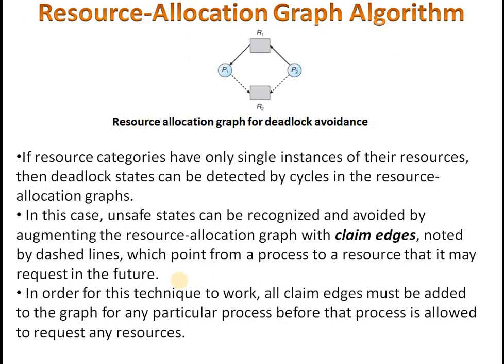Next, this is the resource allocation graph algorithm. We have already seen how to handle the deadlock. That is one strategy, that is detect a deadlock. How to detect a deadlock? There is one graph through which we can detect the deadlock, that is the directed resource allocation graph.